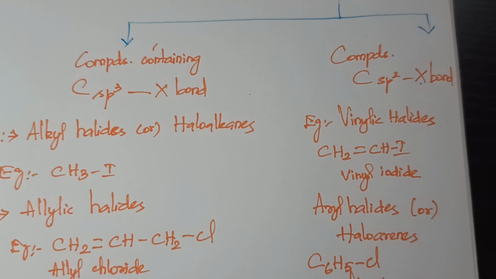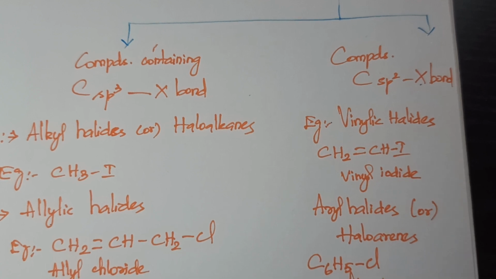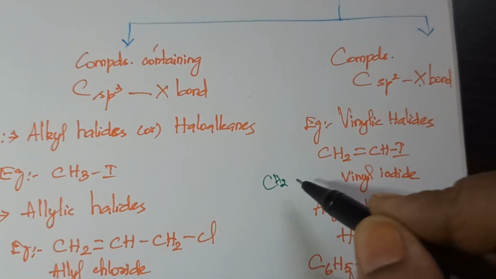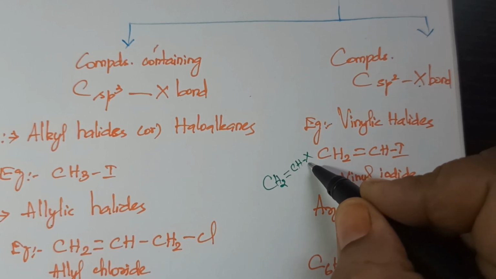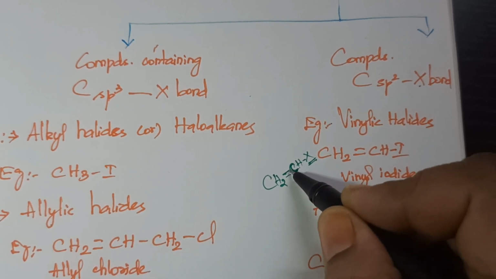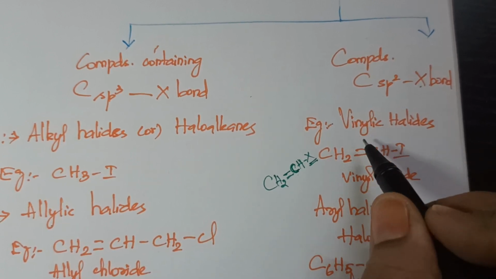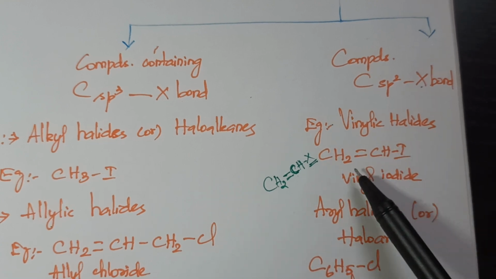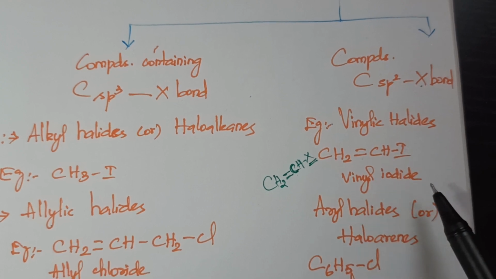Vinyl halide is a compound with formula CH2=CHX, where X is a halogen. Since the halogen is bonded to an sp2 hybridized carbon, this is called vinyl halide. For example, CH2=CHI, with iodide, is called vinyl iodide.